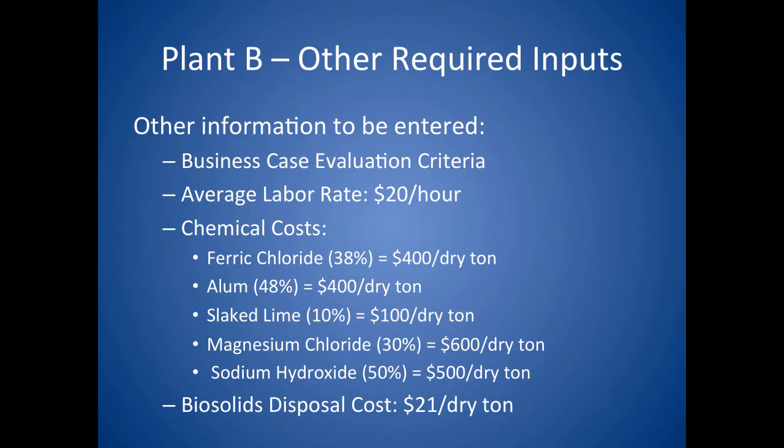Some additional information that was entered for this case study includes the importance of each of the business case evaluation criteria, the average labor rate for operations and maintenance personnel at the plant, which is $20 per hour, the local cost for ferric chloride, alum, slaked lime, magnesium chloride, and sodium hydroxide, and the biosolids disposal cost, since labor and other direct costs, parts, materials, and tools spent dealing with the negative impacts of struvite forming in the system are not tracked. TERI will estimate these costs.